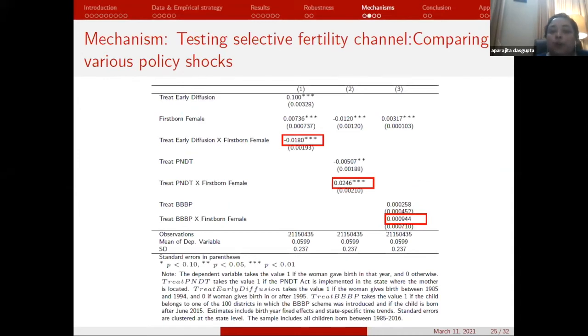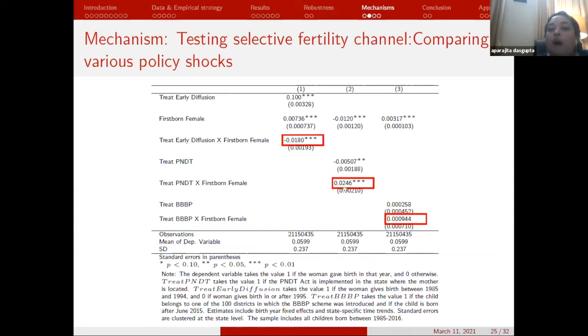Interestingly, we also put in the other policies so as to compare the effects of various policy shocks. So, as found in the Anukriti, Balotra and Tam paper, the early diffusion actually resulted in a decrease in fertility for female firstborn families, and we do find that here with our data set and our empirical strategy. We find that this interaction between treat and firstborn female is positive and significant.